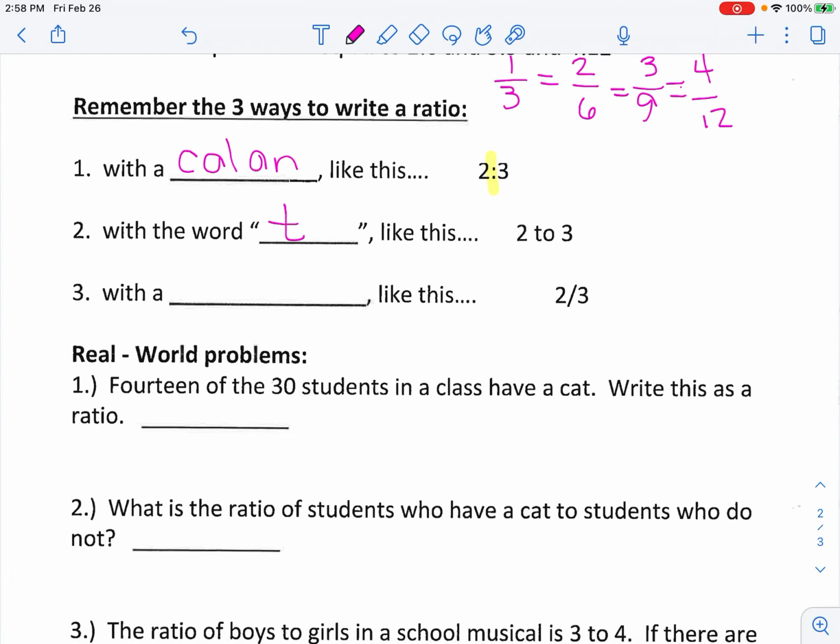We can also write the word "to", 2 to 3. So simply use the word "to", or with a fraction bar. So we all know what the fraction bar is. So usually if you're going to write that with a fraction bar, that 2 would be on the top and the 3 would be on the bottom.